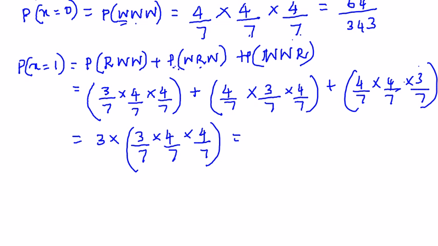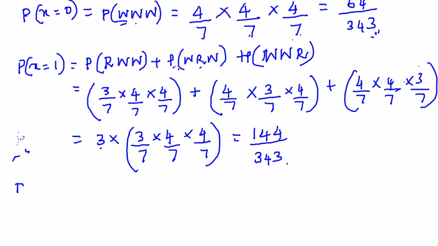You multiply all of this: 3 3s are 9, 9 4s are 36, and 36 into 4, you must get around 144, right? So it's basically 144 by 343. We already found out 7 into 7 into 7 is 343 from here, right?